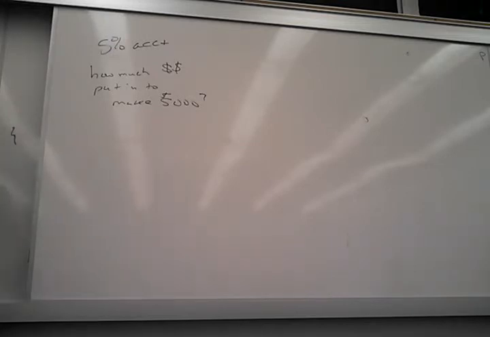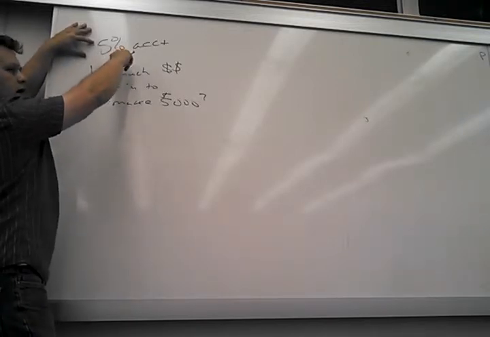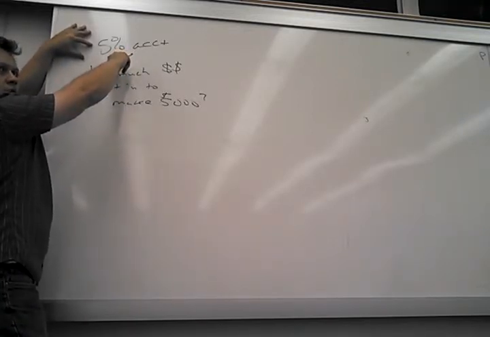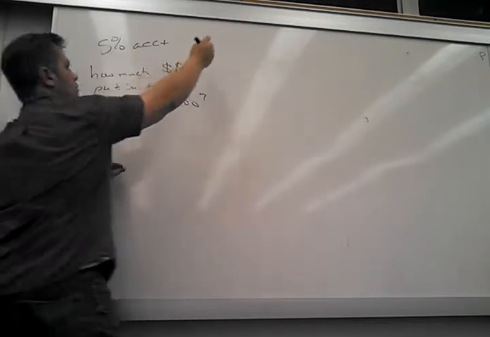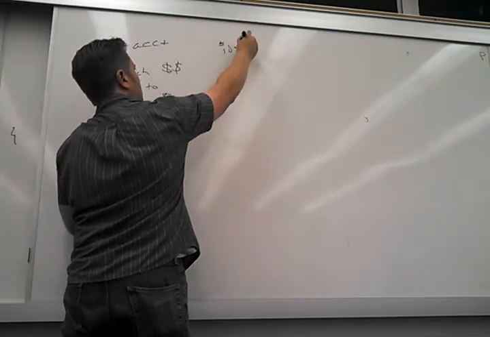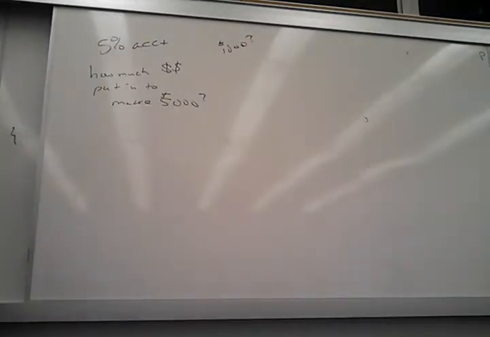How could I say this in a way that would actually set up directly into an equation? We've already kind of done this earlier. 5% of 1,000 is 50. So 5% times $1,000 equals 50. When it was 5% of 1,000, I knew exactly what to do.